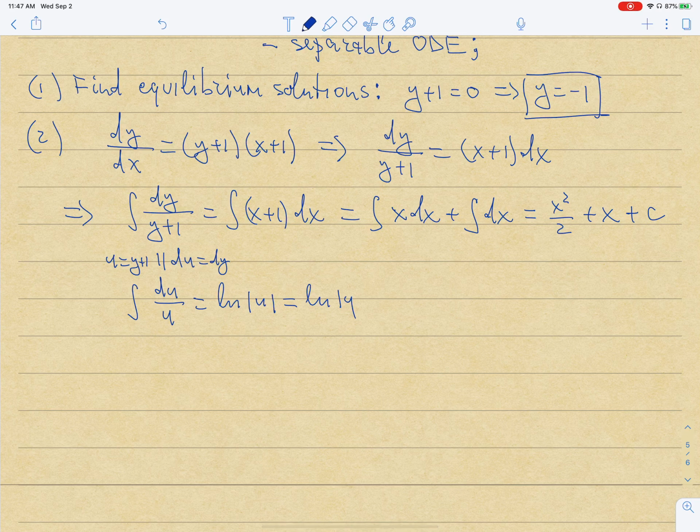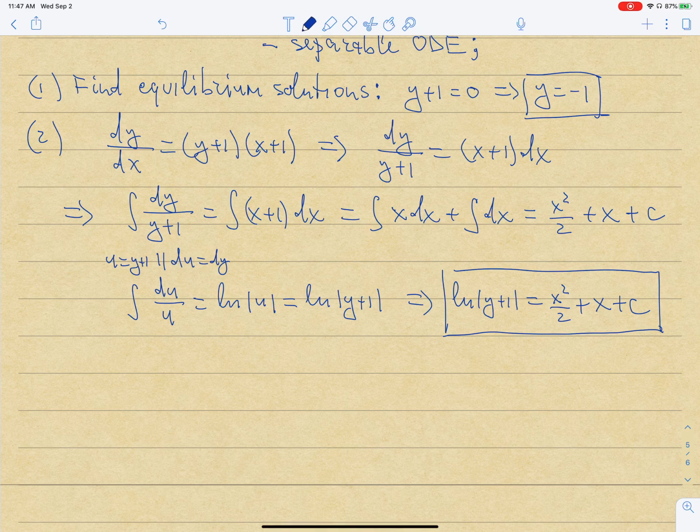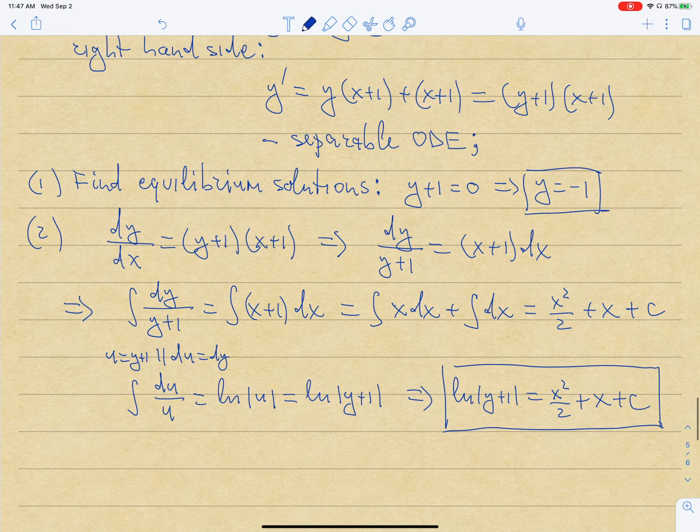And so then what we got is a family of implicit solutions. ln absolute value of y plus 1 must be equal to x squared over 2 plus x plus c. So my equilibrium solution and this family of solutions form a set out of which I should be able to find all possible solutions of the equation.